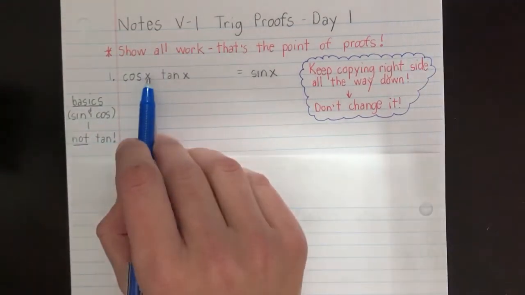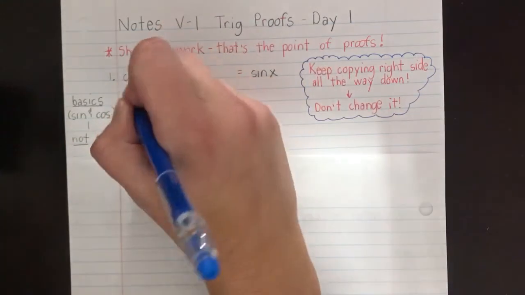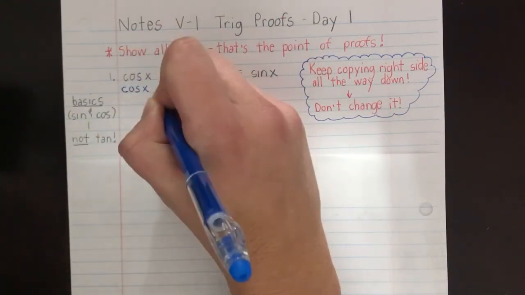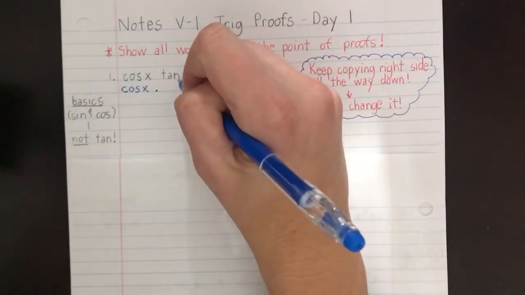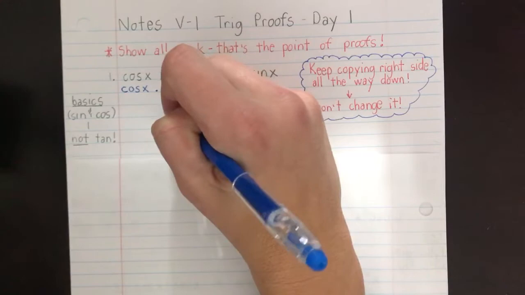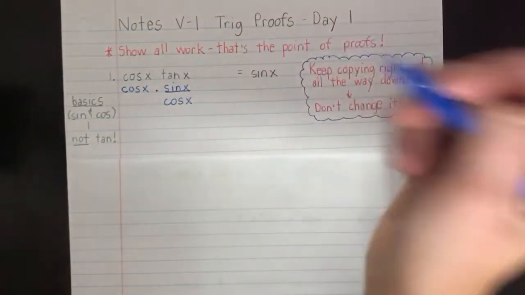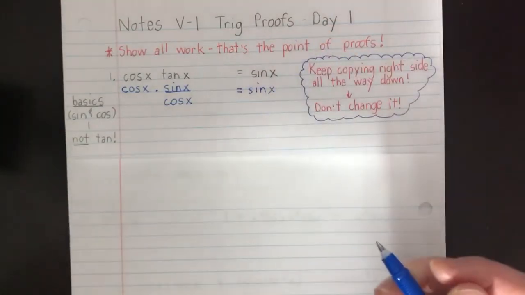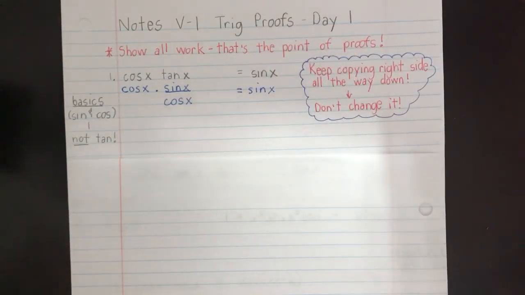What we're going to do first is we have cosine of x times tangent of x. Well, this means the same thing as cosine of x times sine of x over cosine of x, because tangent is sine of x over cosine of x. And that equals, remember, keep dragging down the right, sine of x. Well, fancy that. What happens here?